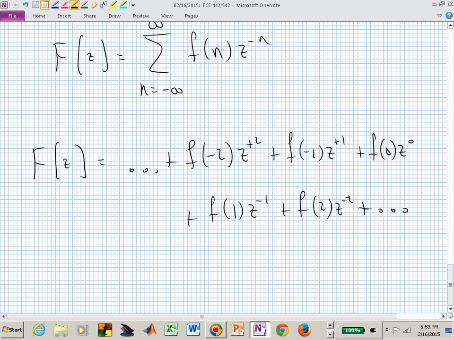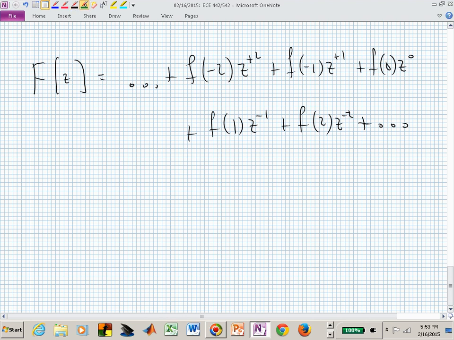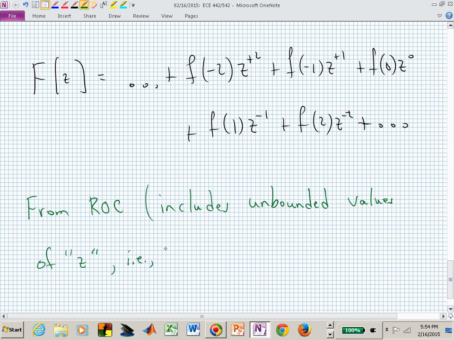What I'm trying to get us to see, then, is that this region of convergence includes unbounded values of this complex variable z, that is, z going off to infinity, and that's forcing these time values of little f of n, when n has a negative time index, to be 0.